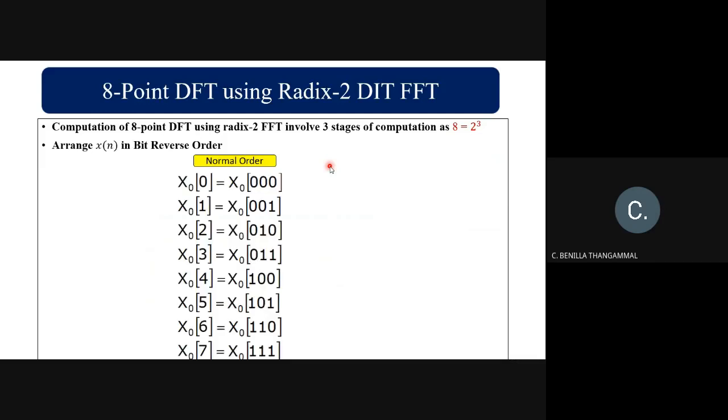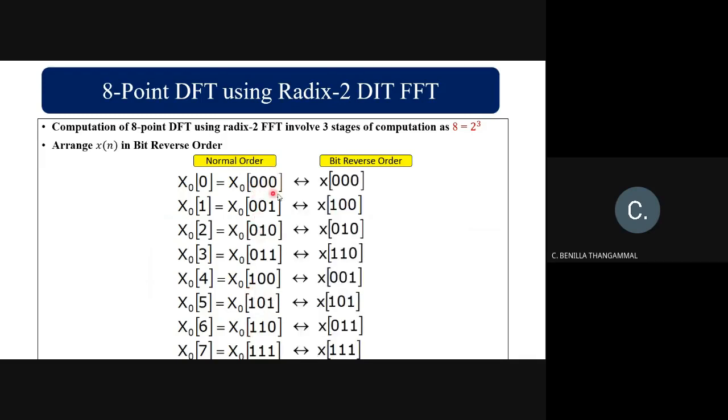The normal order for 8-point, I'm going to take the values of x of 0 to x of 7 and its corresponding binary value of the time domain. I took it out as, for 0 it is 000, then 1, 2, 3, 4, 5, 6, and 7. So in the bit reverse order, the binary values of each time index will be reversed.